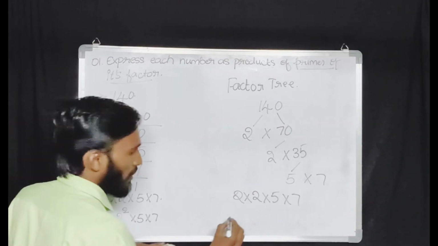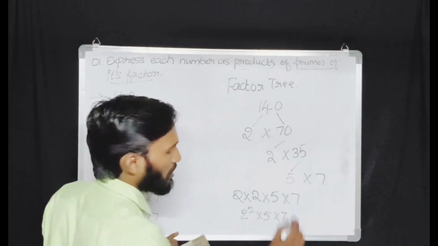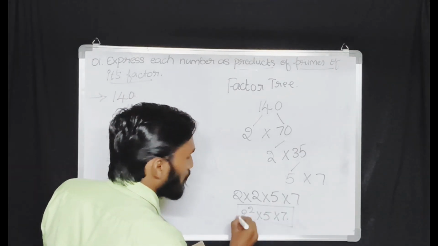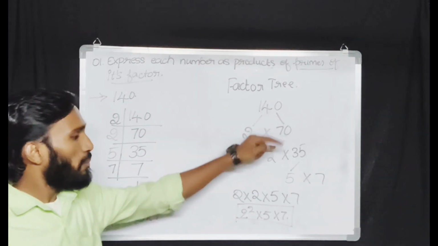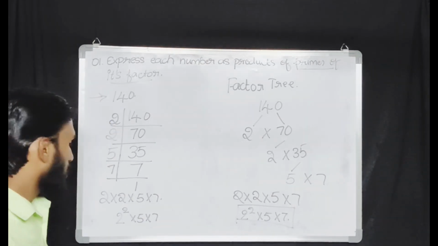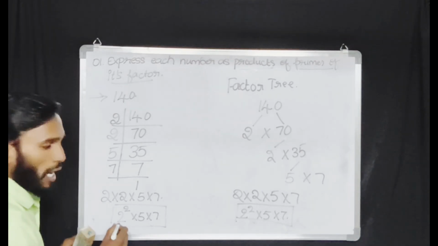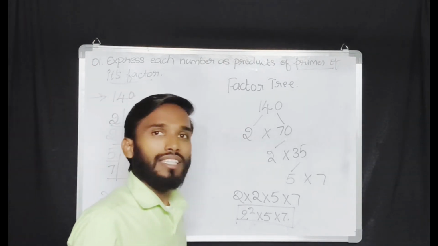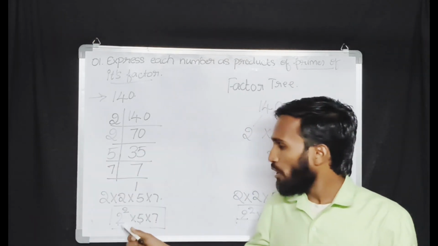So 2 square into 5 into 7. This is what is called the product of primes of its factors. That means breaking down the number into a product of primes only, not composites. Here 2, 5 and 7 are all prime numbers. This is breaking down a composite number into a product of primes.